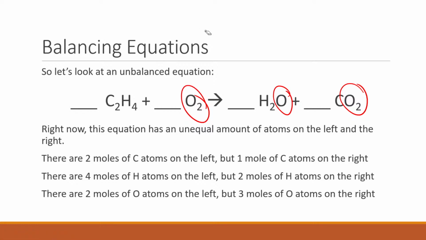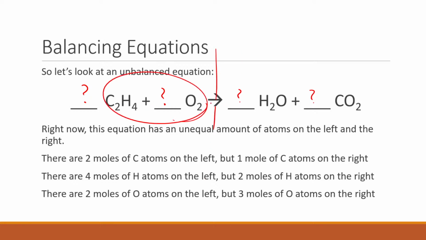So not a single element is balanced here. We need to put numbers into these spots to make sure that everything balances out, that we have the same amount of each thing on the left and on the right.